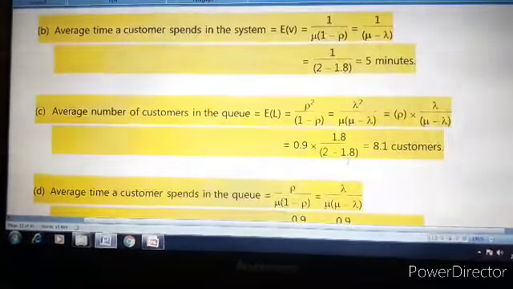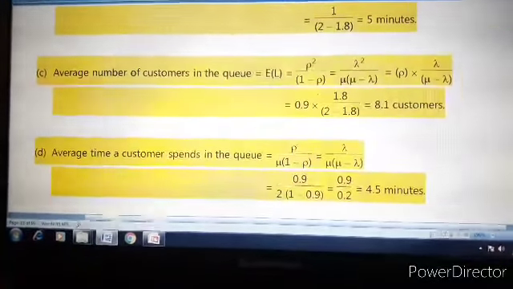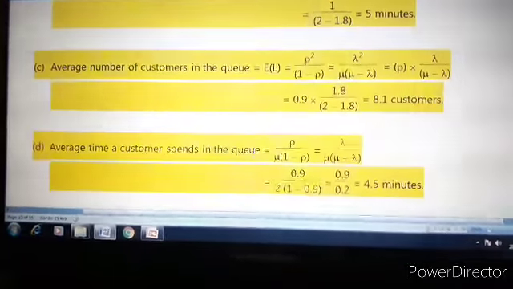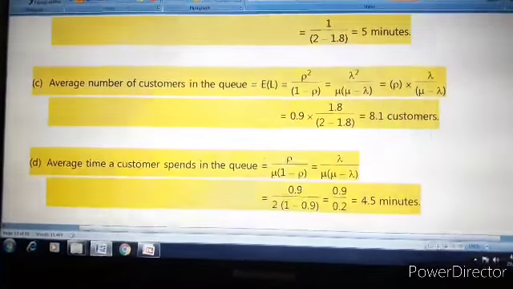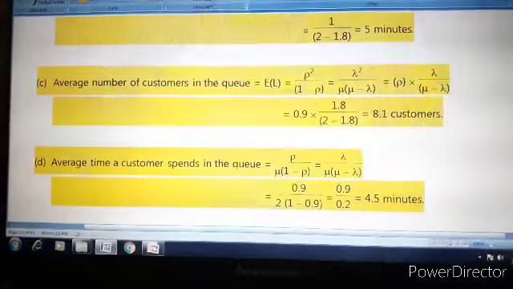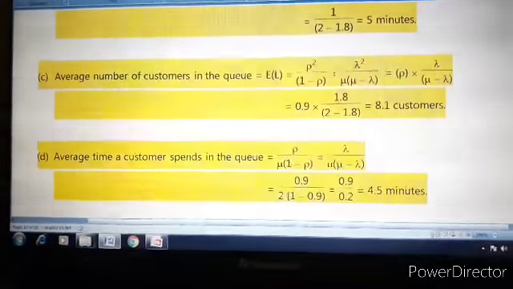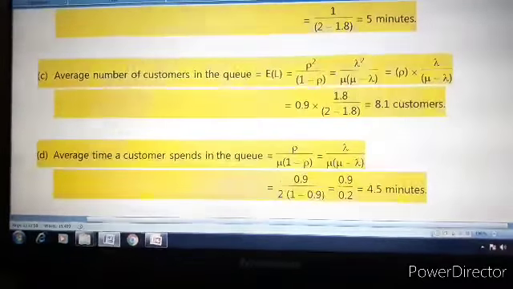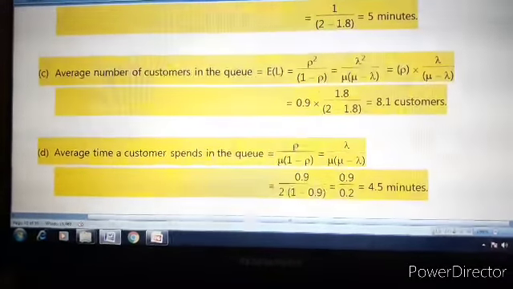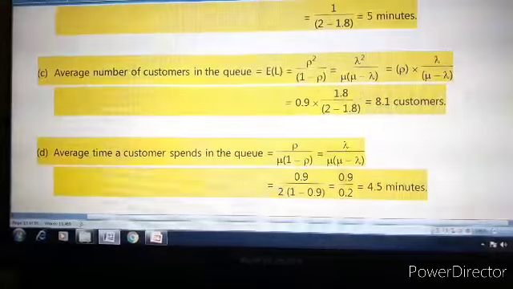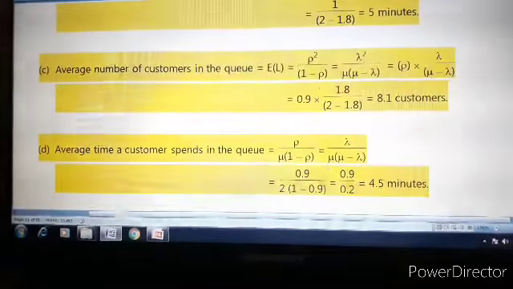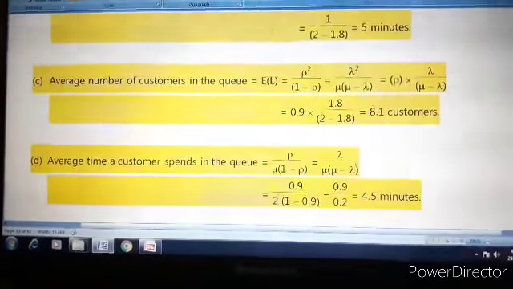Then the last parameter that we have to estimate is the average time a customer spends in the queue. It is given as rho upon mu times (1 minus rho). This is the relation. Again we can write it in terms of lambda and mu: when we replace rho in terms of lambda and mu, the expression becomes lambda upon mu times (mu minus lambda).